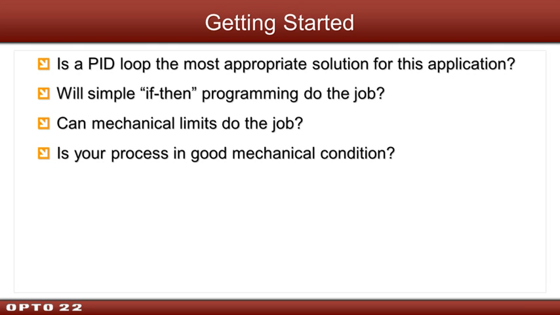But if you're converting an old system, as we did a lot at the hospital, it was a very old hospital, and we had old pneumatic systems that we'd be converting to Opto. A lot of the time, we had to take a step back and really look at the mechanical condition of what we were going to control. A lot of times we had to change pumps, improve pumps, piping, one thing and another, before we began to put the PID in. Otherwise, we were just fraught with problems.